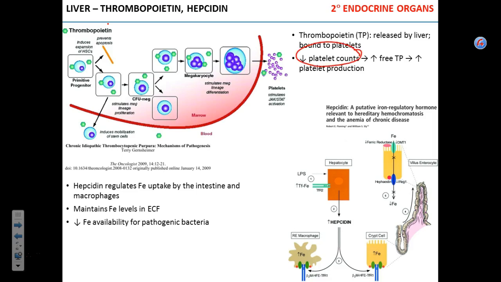So you have low platelets, the amount of unbound thrombopoietin in the blood automatically increases. That stimulates platelet production. Platelet numbers go up, thrombopoietin binds to the platelets, it's not signaling anymore, it's not free, and that's your negative feedback.